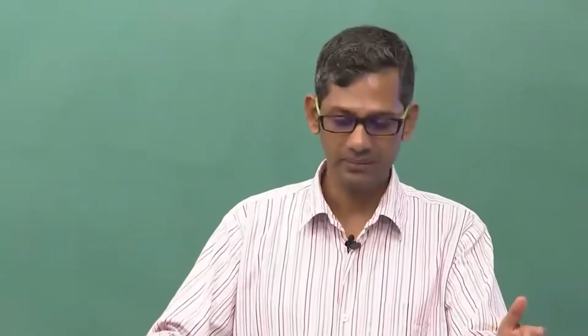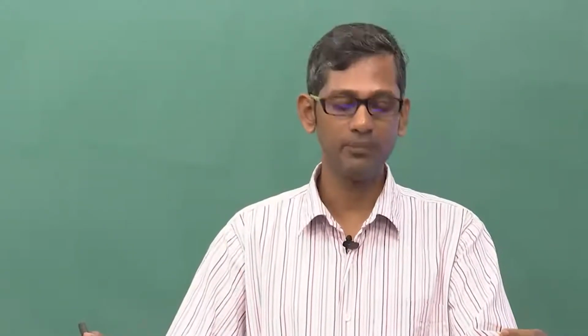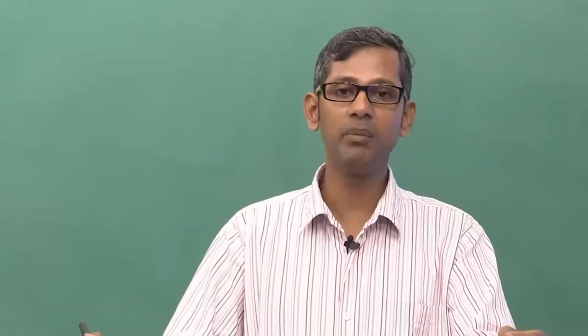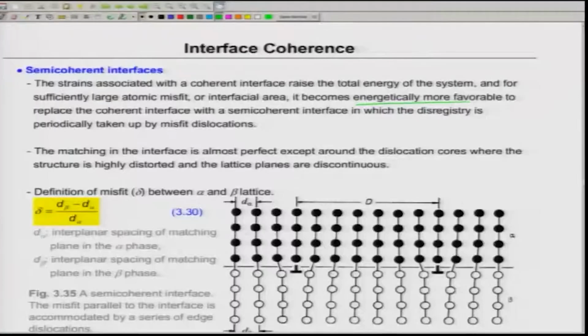So, let us first describe, because we need to go into different formalisms, what we mean by misfit. Misfit obviously comes from the difference of the interplanar spacing. As you see, delta is always defined as the symbol for the misfit. It is defined as (d beta minus d alpha) by d alpha. Okay. So, d beta is the higher value, the atomic spacing is higher for d beta.